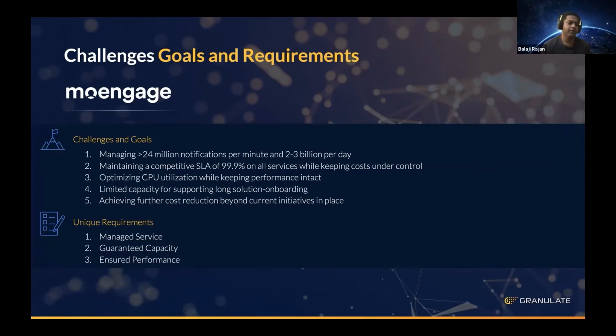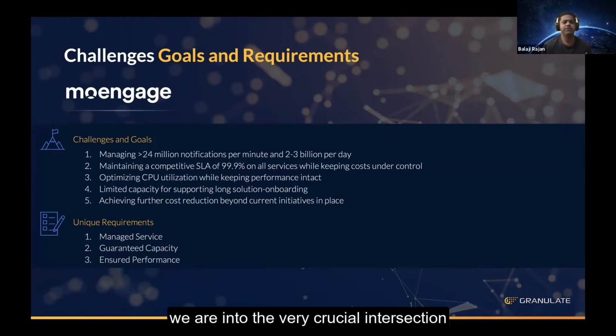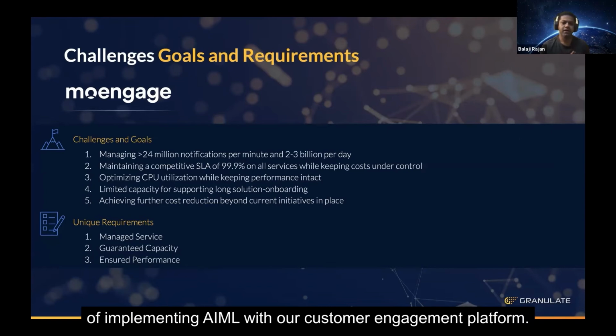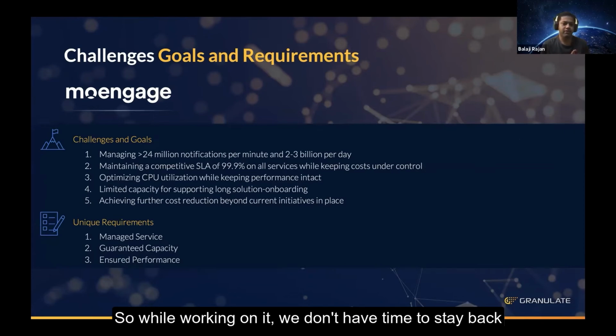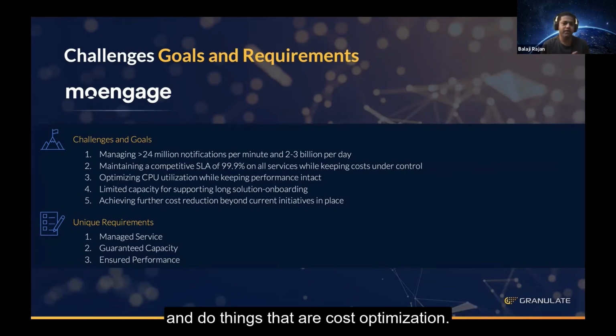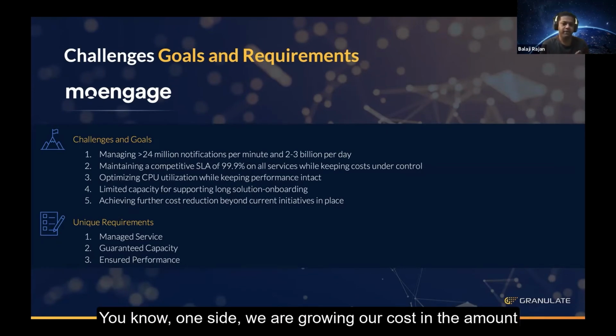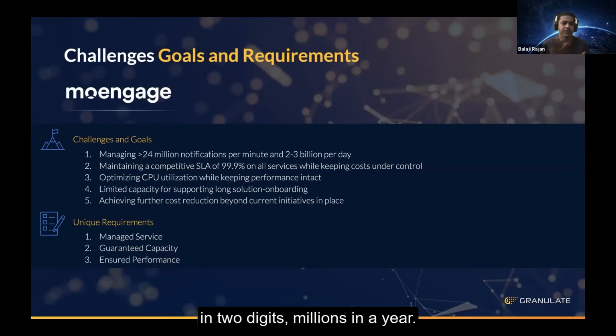Sure. As I was mentioning, we are at a very crucial intersection of implementing AI/ML with our customer engagement platform. While working on it, we don't have time to stay back and do any sort of cost optimization. On one side our cost is growing to the north of two-digit millions a year, and on the other side we have to grow our product suites and launch our product as early as possible.